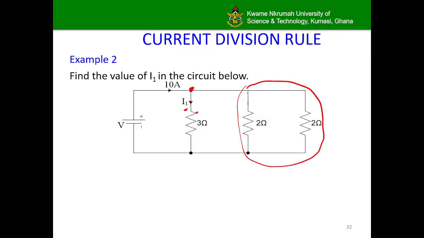And so before we can apply the current division rule, we have to resolve these two resistors in parallel to make it one resistor, so that we can apply our current division rule.